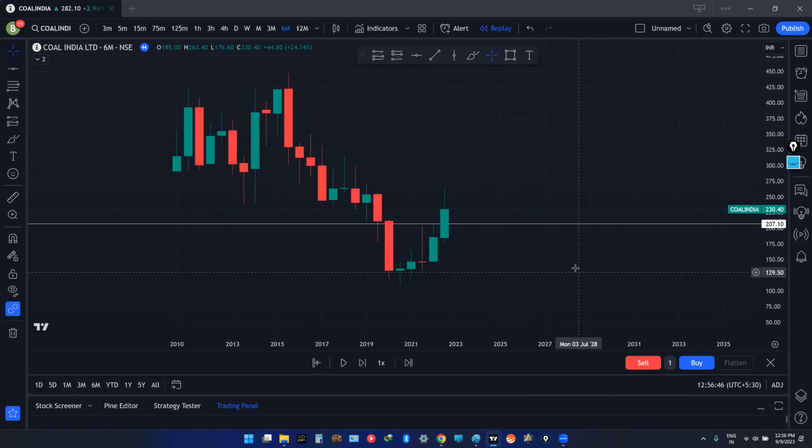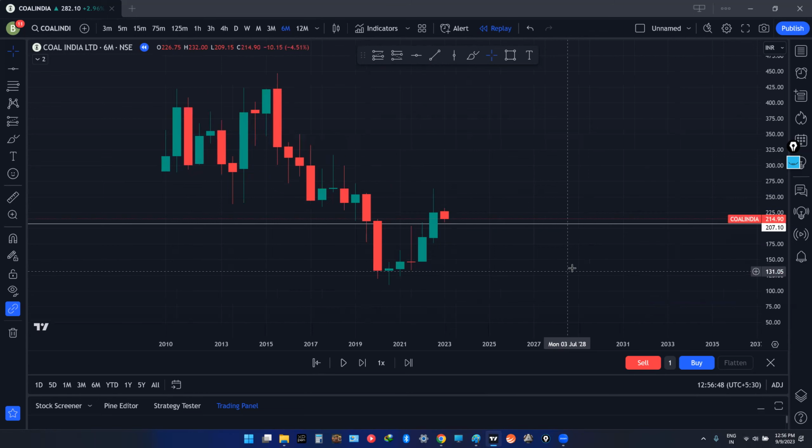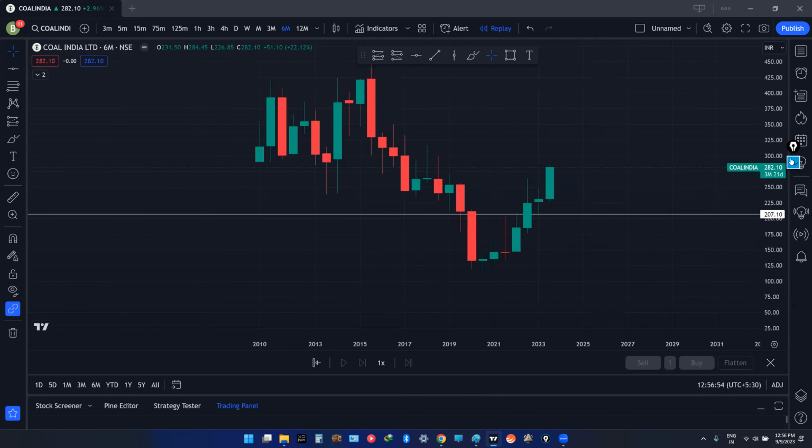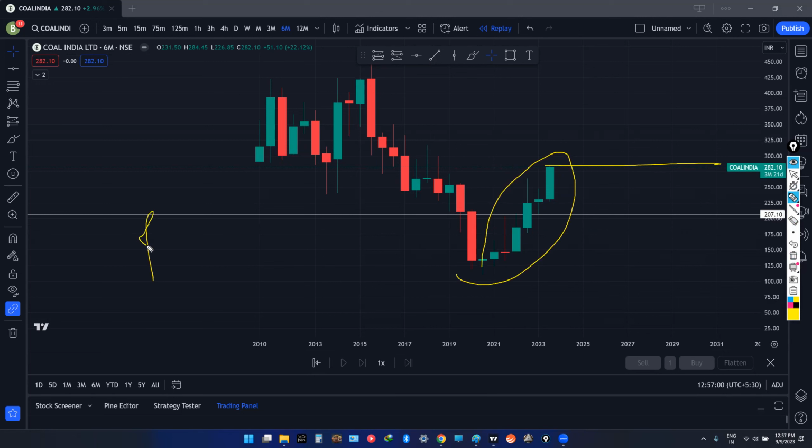See, after this is the current price only. So after this whole thing, now we small traders will be convinced that yes, this downtrend is finished. Now it is looking good, and now we will try to buy Coal India.